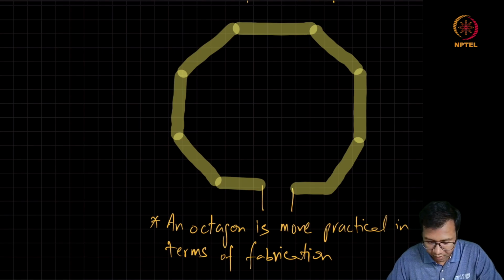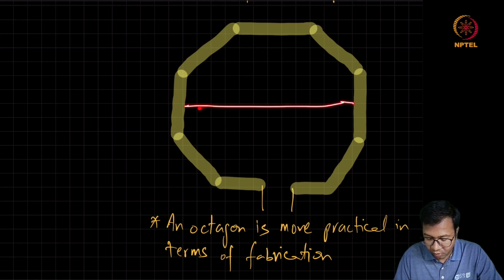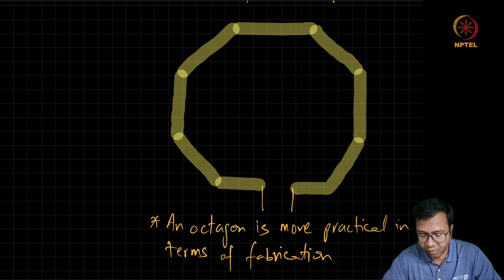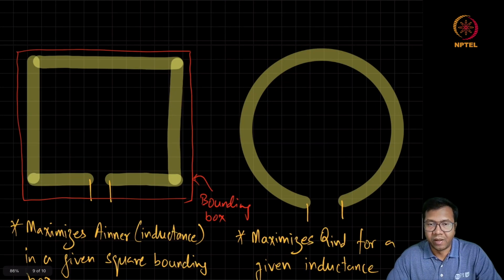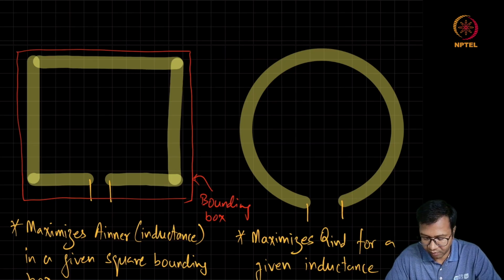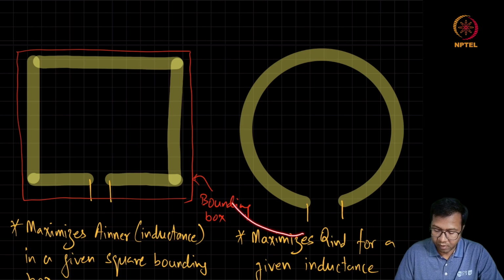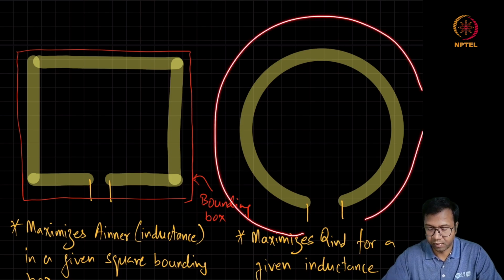So far we have been discussing how to maximize the quality factor of an inductor. If you want to maximize the quality factor, we need to increase the ratio of A inner to the perimeter. If we want to increase inductance while also increasing the quality factor, we need to go for bigger and bigger shapes.